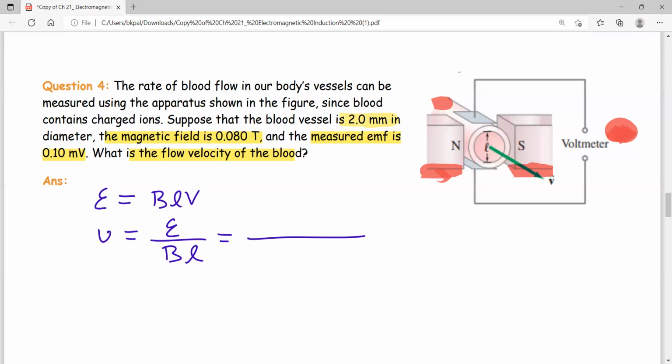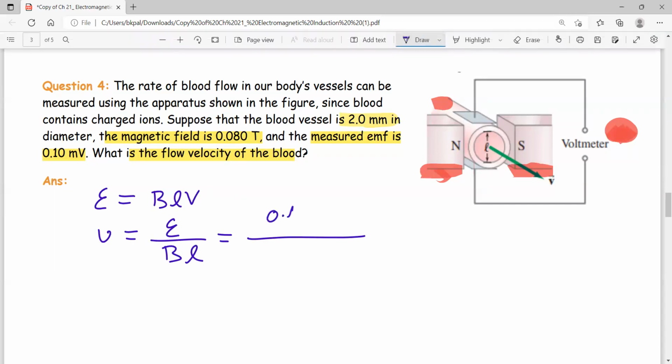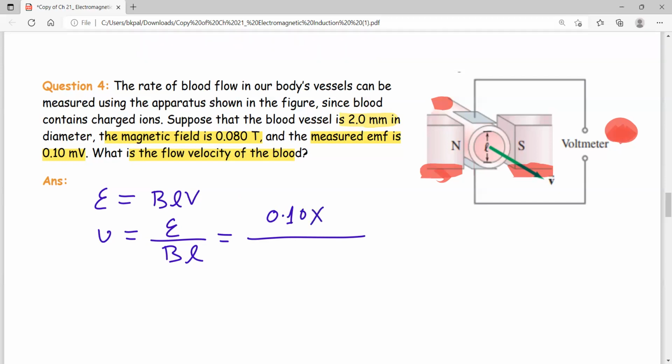Velocity is E, the induced EMF, over the magnetic field and then the length, where the length is the diameter. The induced EMF is in millivolt, so we have to convert it into volt. B is 0.080 Tesla, and L is 2 millimeter.